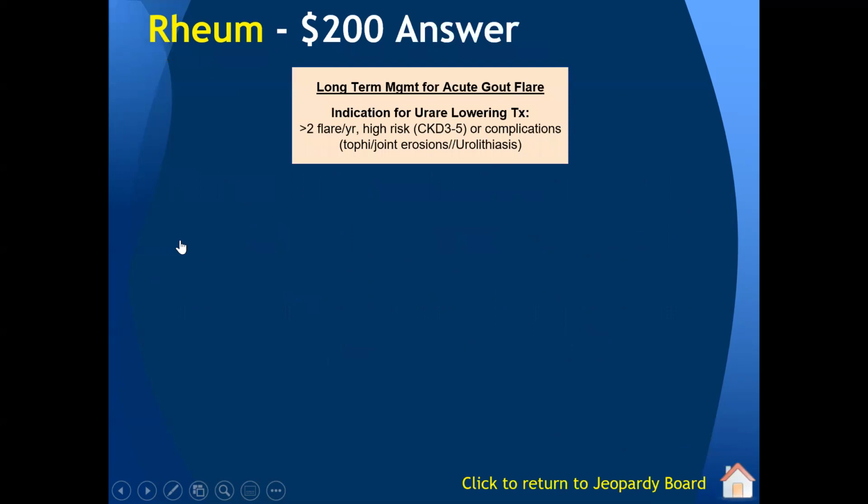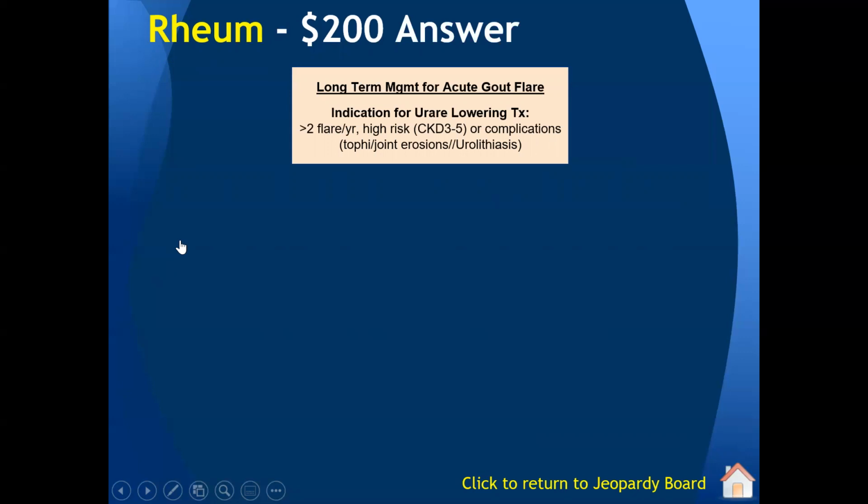All right. When you get to the treatment of gout, it can be pretty complicated. So when do you want to start uricosuric lowering therapy for gout? Greater than or equal to 2 flares a year. If they are high risk, and this is the one I think you get most people on, especially since so many people with gout have CKD.